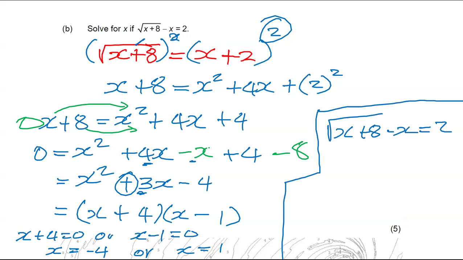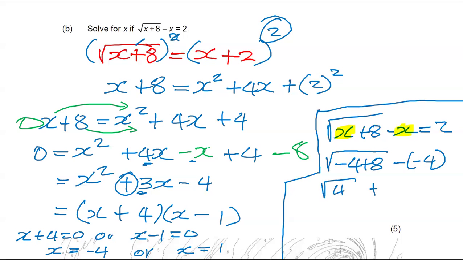All you're going to do is substitute wherever there's x, the first solution. The first solution that I'm going to substitute into x will be negative 4. So I will have negative 4 plus the square root of 8 minus negative 4, and I will just try and simplify this. Under the square root, I'll be left with 4.